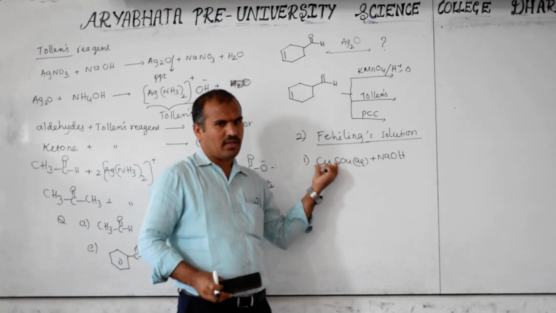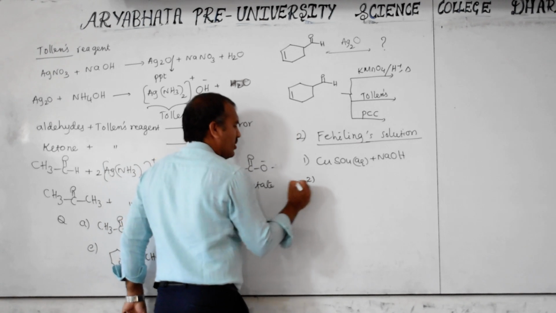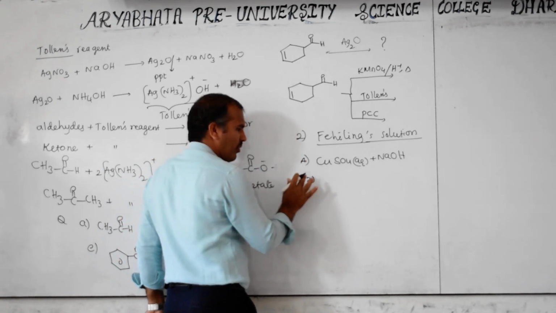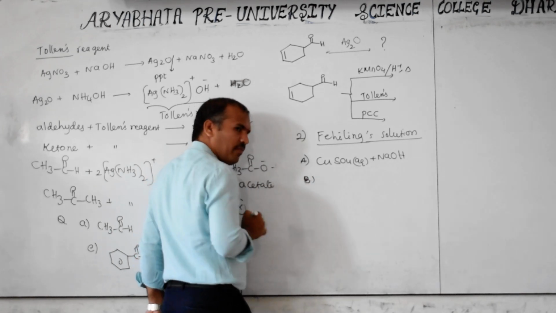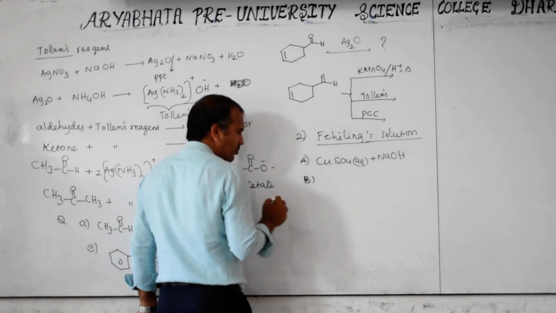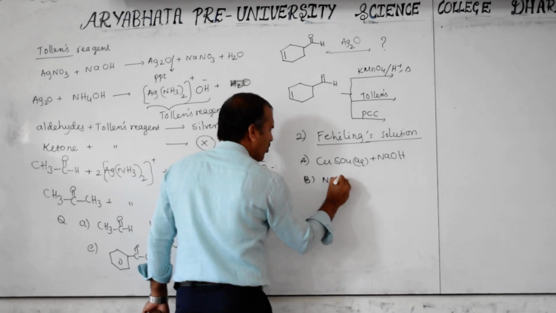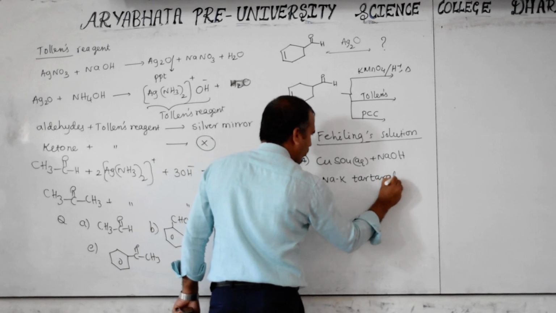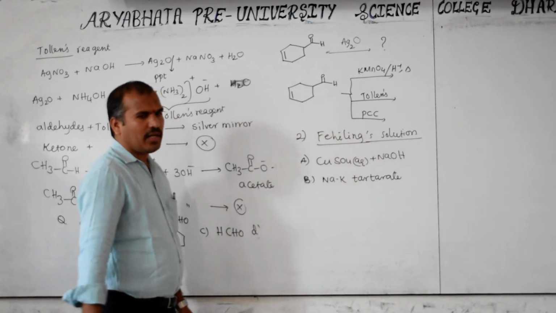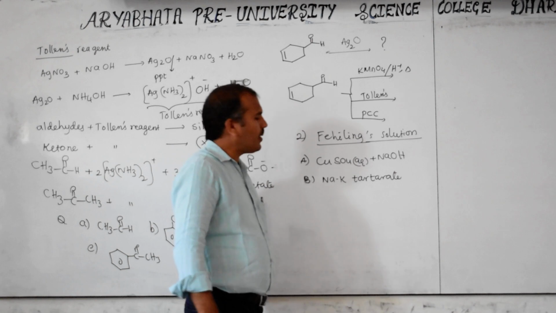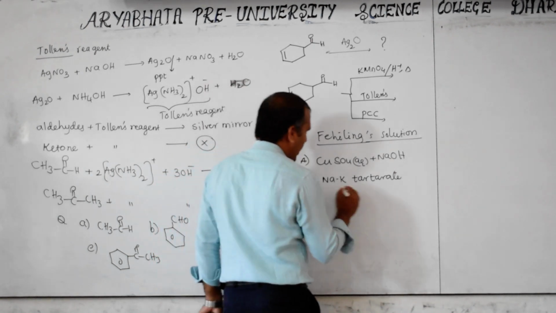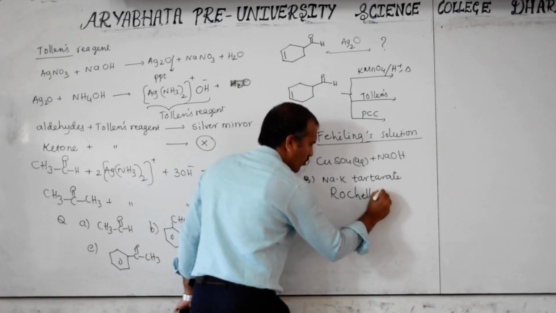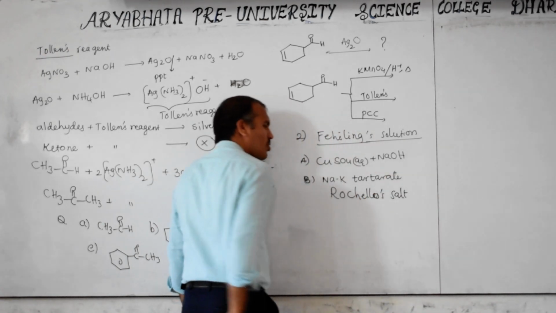The second one is, in some books, given as Fehling solution A and Fehling solution B. Another is sodium potassium tartrate. This is a solid, also known as Rochelle salt.